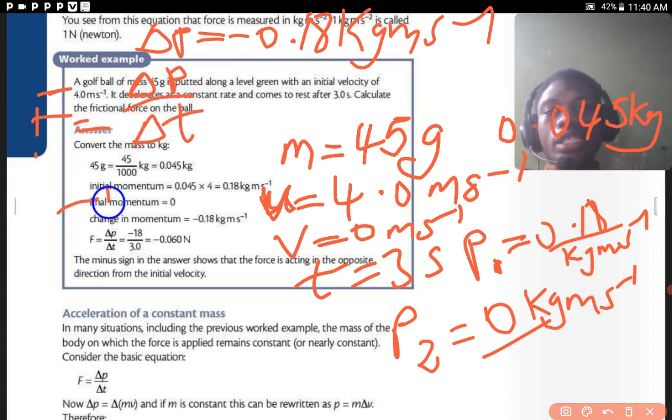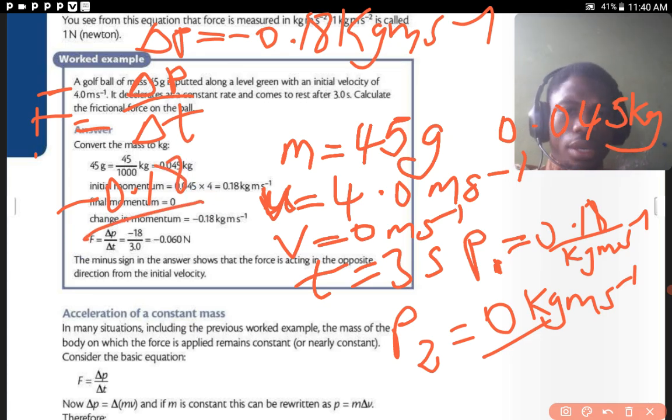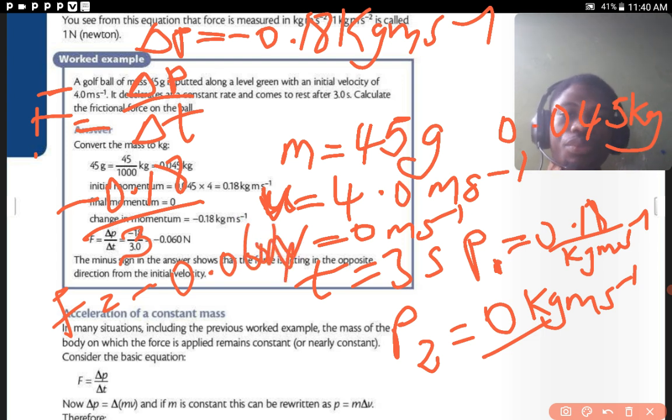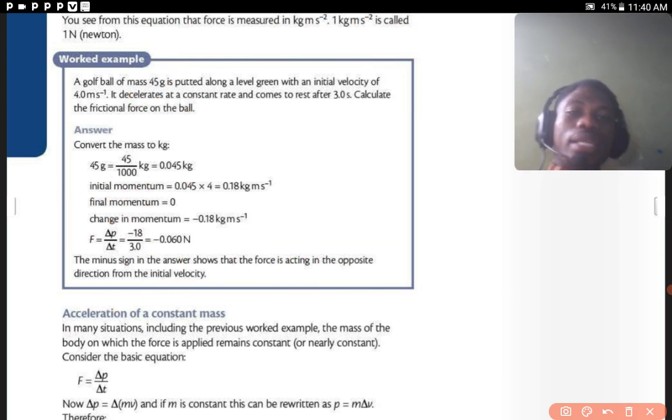Delta P is negative 0.18, and delta t is 3 seconds. Divide by 3, and you have a force of negative 0.060 Newton.